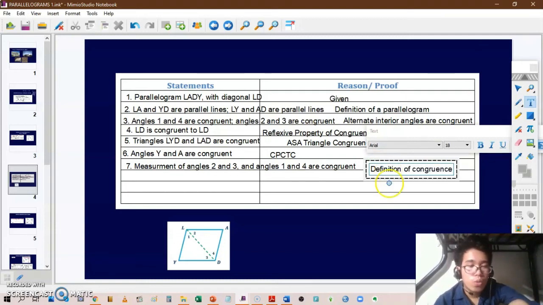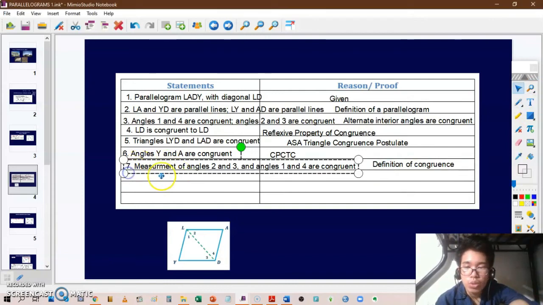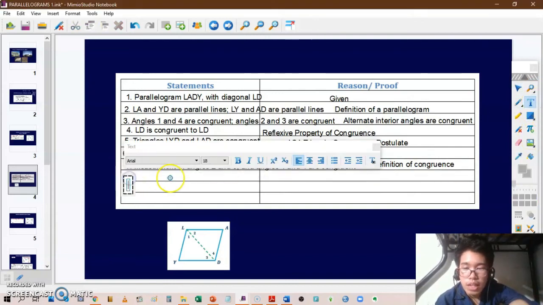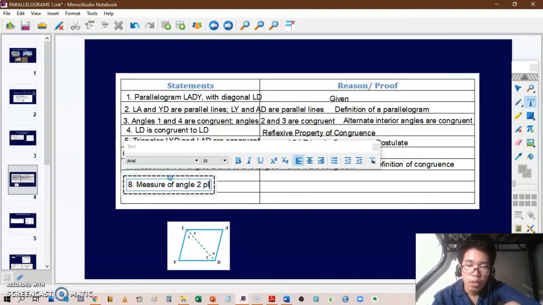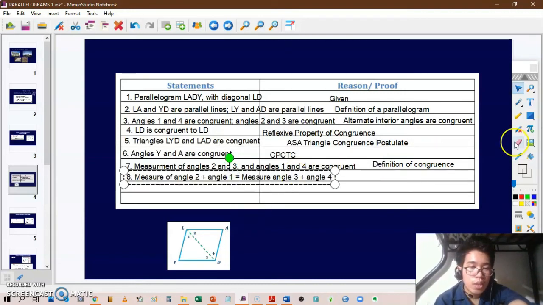We are going to need this statement because on statement 8, what we're going to state is that the measure of angle 2 plus angle 1 is equal to the measure of angle 3 plus the measure of angle 4. How did we come to that conclusion?